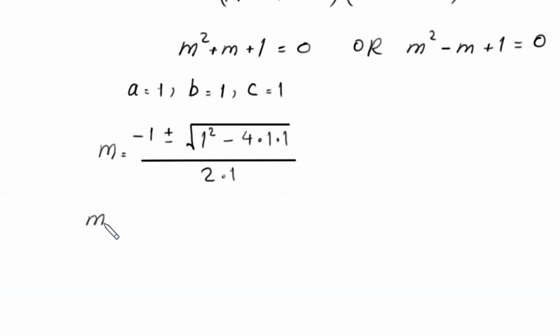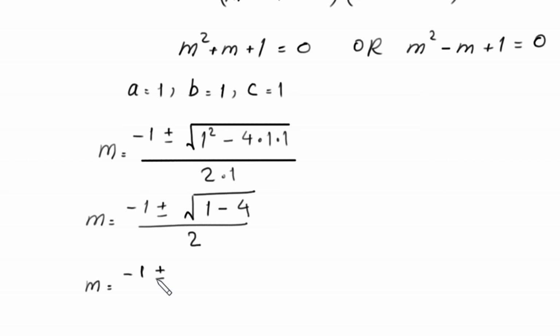Next, m is equal to negative 1 plus or minus the square root of 1 squared, which is 1, minus 4 times 1 times 1, which is 4, divided by 2 times 1, which is 2. Next, m is equal to negative 1 plus or minus the square root of 1 minus 4, which is negative 3, divided by 2.